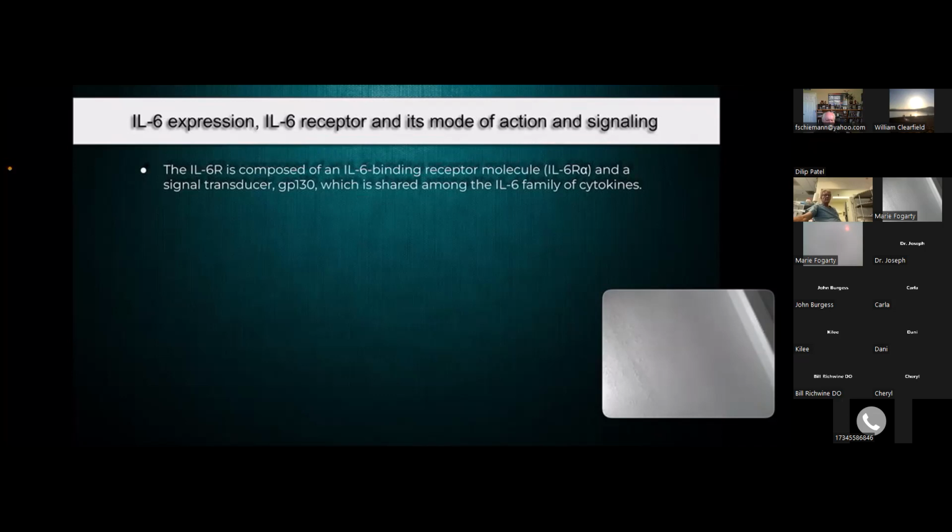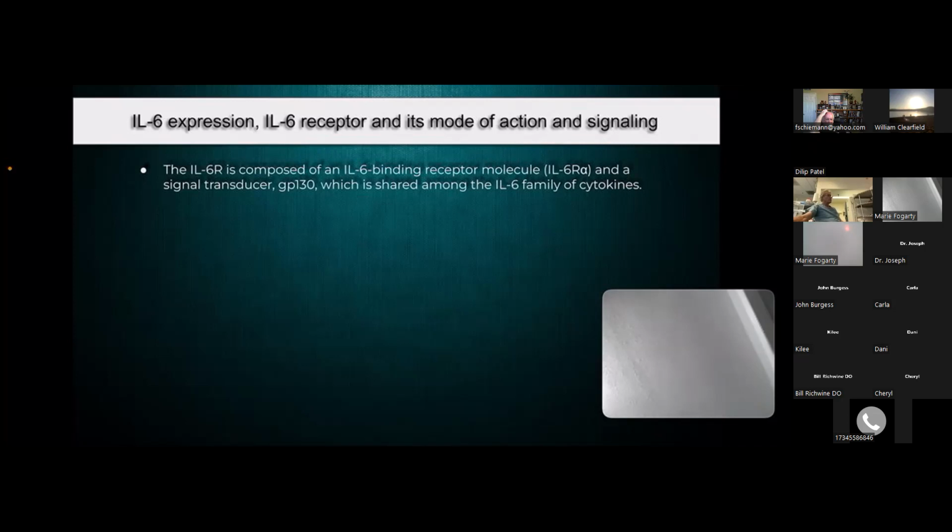Okay, so this is where things get confusing again. We've got a receptor here, but it's a signal transducer called GP130, which really is just a glycoprotein. I'll try and get the pictures, but I think you can picture in the mind two arms as a receptor on a cell, and then a head in the middle.